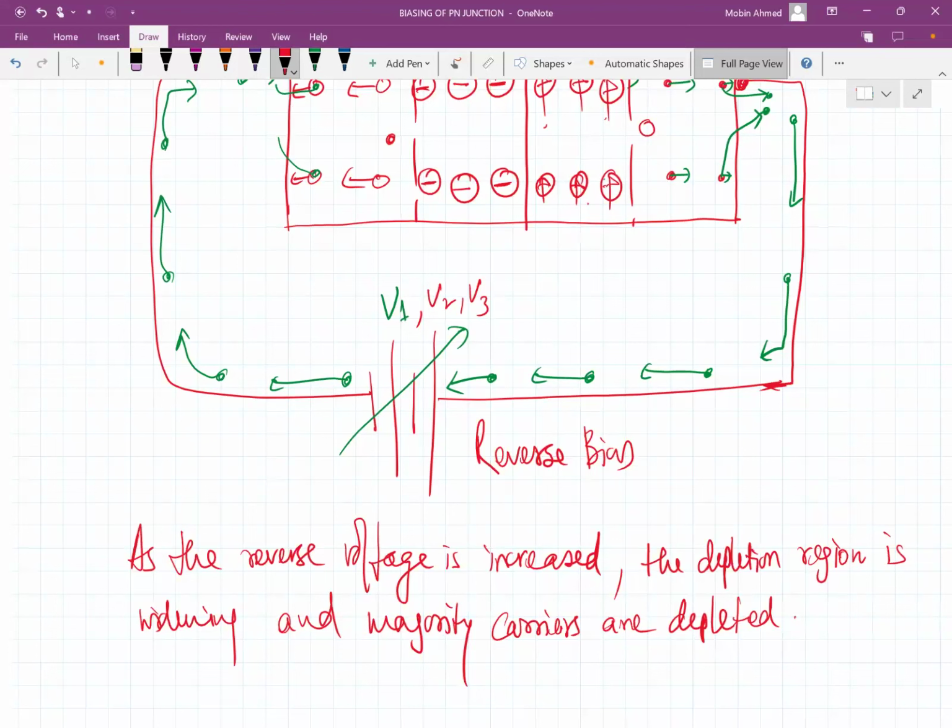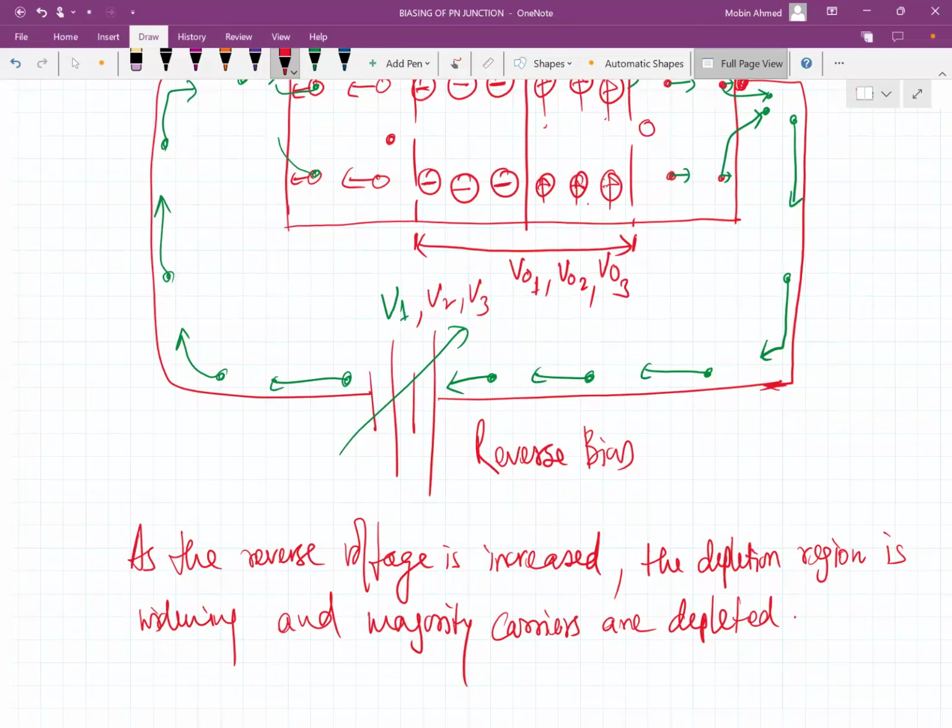Now, this barrier is also going to develop a barrier potential V0. So V01, we can say V02 or V03.